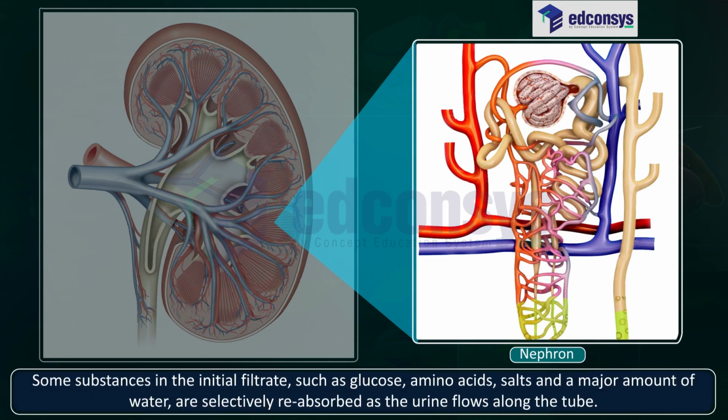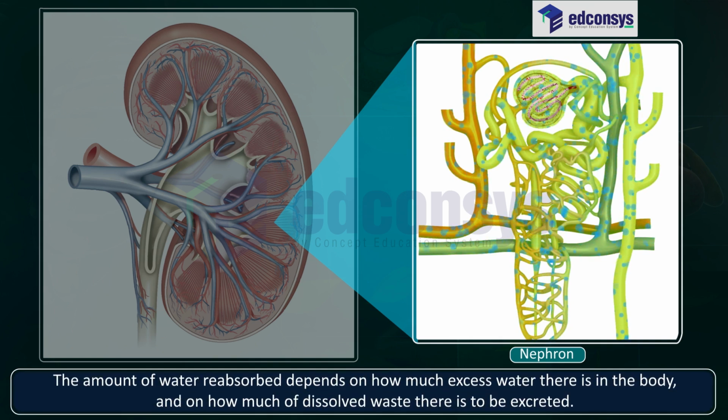Some substances in the initial filtrate such as glucose, amino acids, salt and a major amount of water are selectively reabsorbed as the urine flows along the tube. The amount of water reabsorbed depends on how much excess water there is in the body and on how much dissolved waste there is to be excreted.